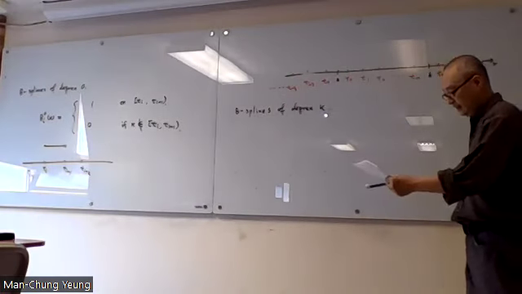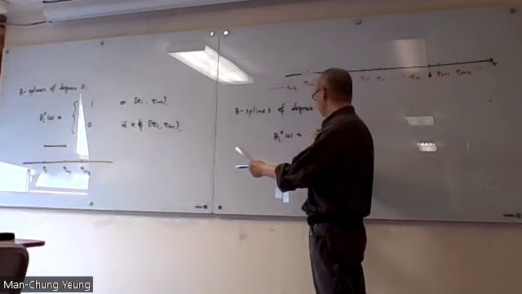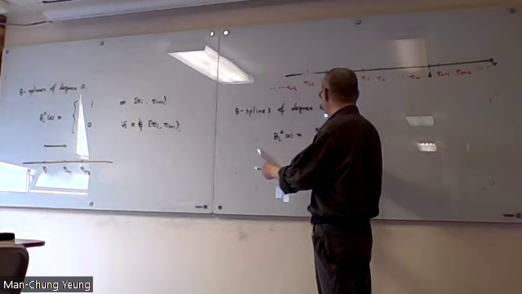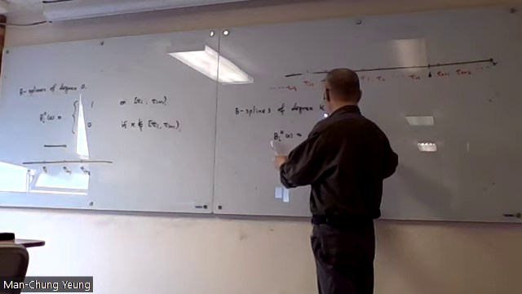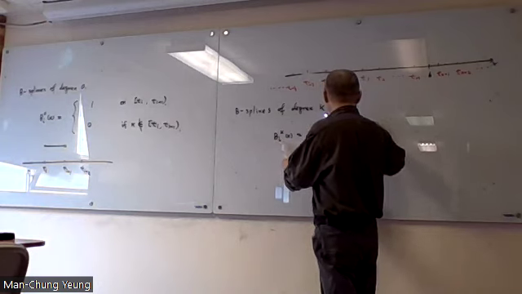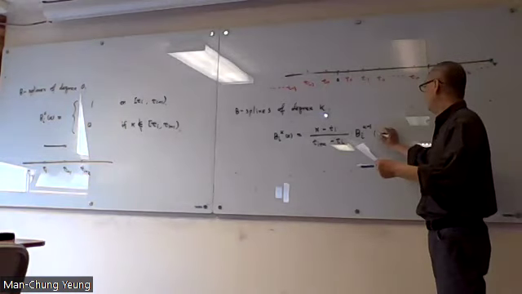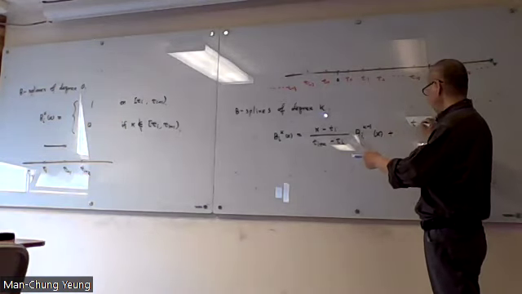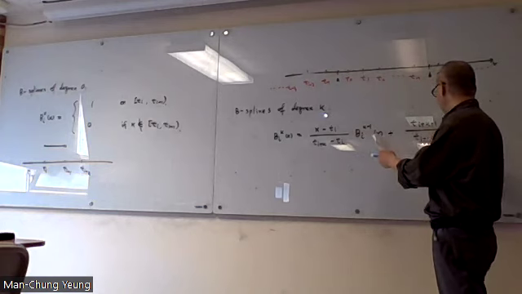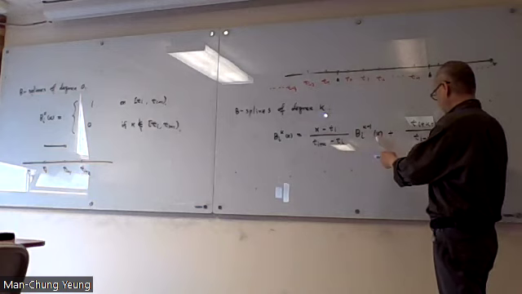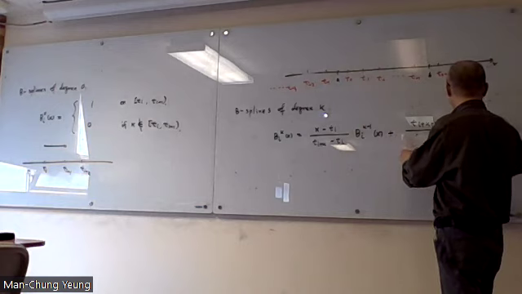Now the definition is again b_ik(x) is (x minus t_i) over (t_{i+k} minus t_i) times b_{i,k-1}, the lower degree, and then plus (t_{i+k+1} minus x) over (t_{i+k+1} minus t_{i+1}) times b_{i+1,k-1}.